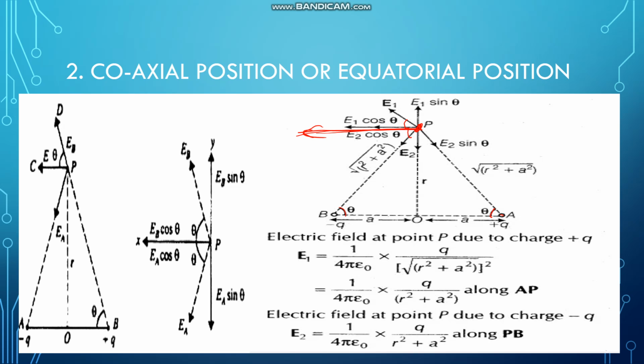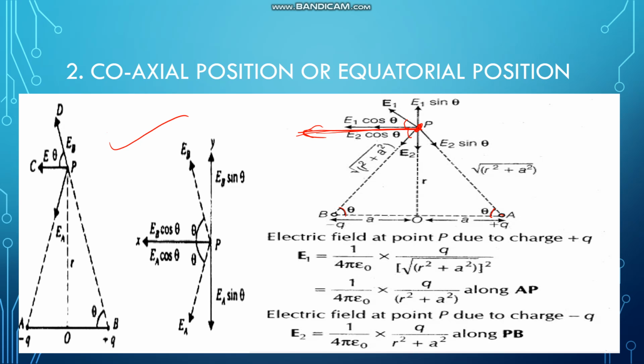As you can see on the left hand side of the diagram, it is shown how the quantities will resolve. So the electric field at point P due to charge plus q: we need to find the distance PA or PB.